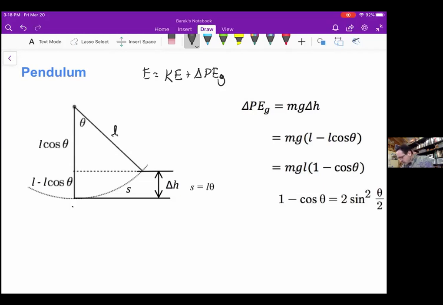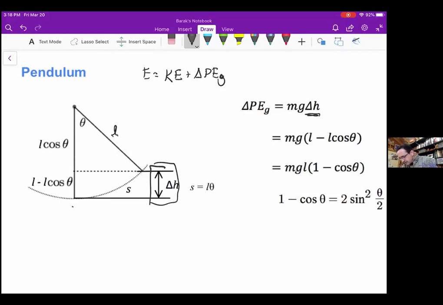We know that delta H is ultimately what we have to find in order to find our change of potential energy. The reason we get a change of potential energy is because the pendulum swings left and right, and as it swings left and right, it also goes up and down by this delta H here.